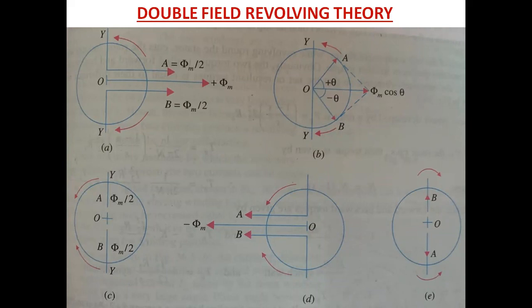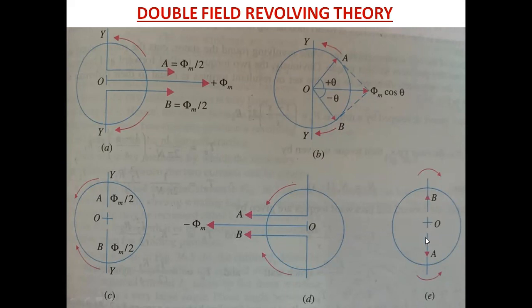Next, after half a cycle, the resultant is minus 2 into phi m by 2, that is minus phi m. After three-fourths of the cycle, again the resultant will be 0, as shown in figure E.